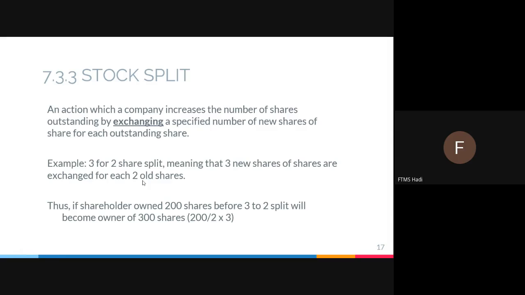Which is buy 3 free 2. Another example, 2-for-1. A 2-for-1 split means buy 2 free 1, somewhat like buying products or goods. If you purchase 2 shares, you will get 1 for free. That is a stock split.